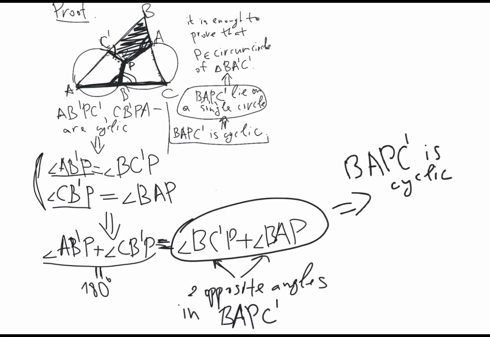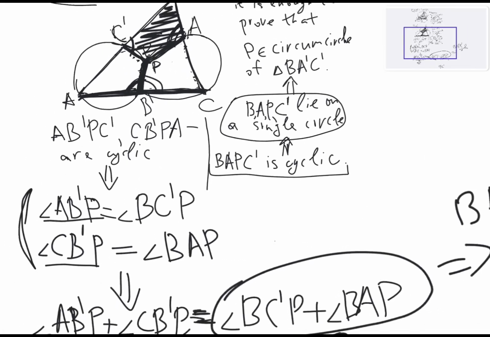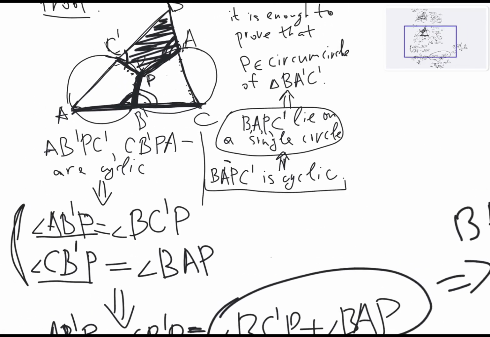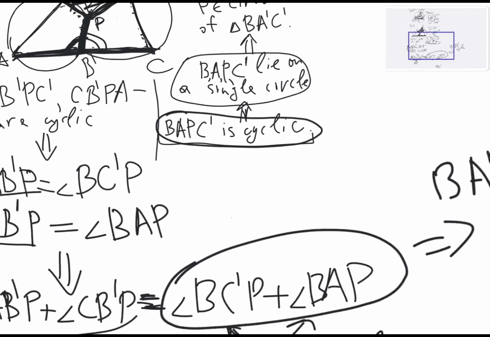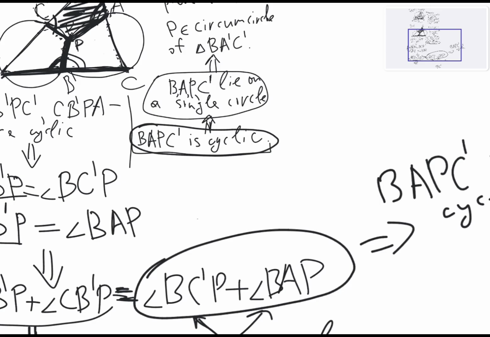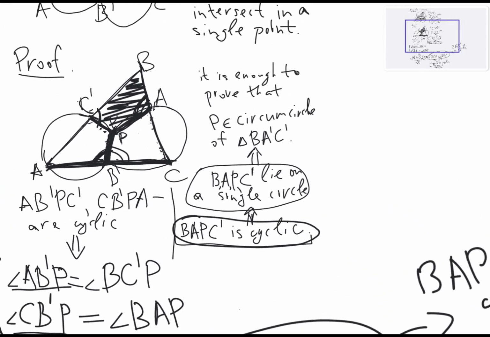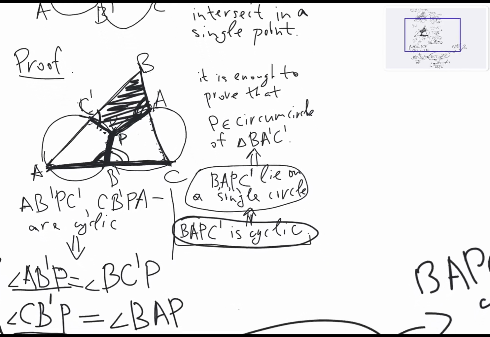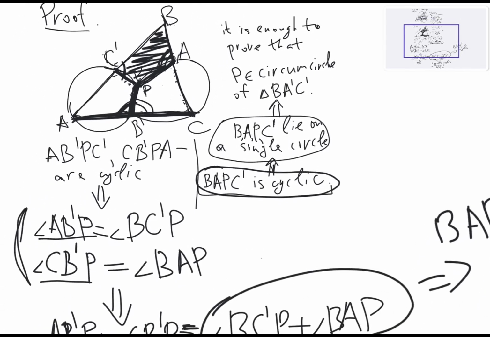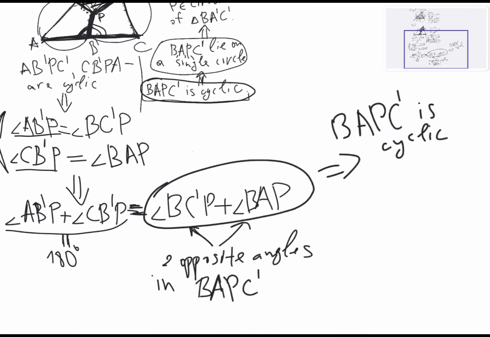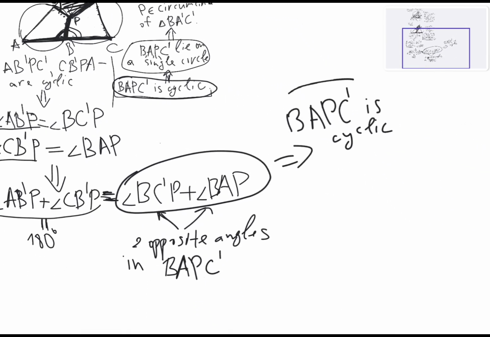And we recall that this is exactly what we needed to prove. BAPC prime is cyclic. If we prove that, then, as we previously established, this is enough to prove the theorem. So this is exactly what we just proved. So this concludes the proof of Miquel's theorem.